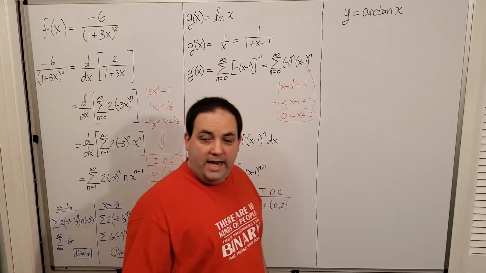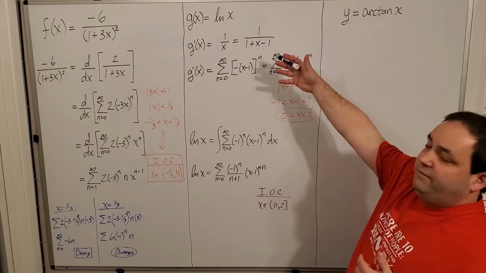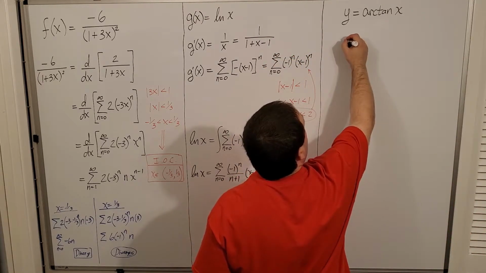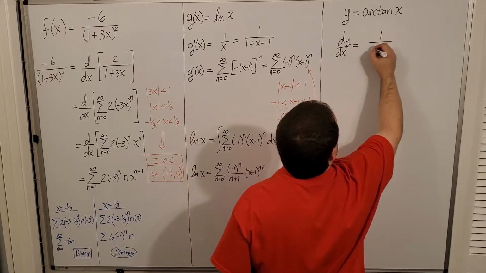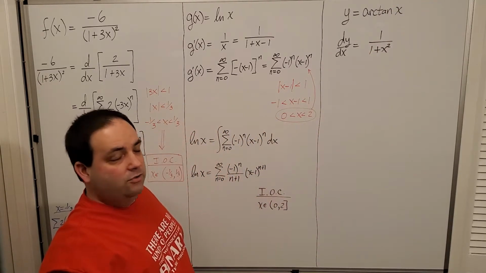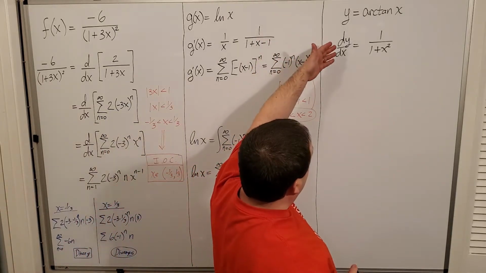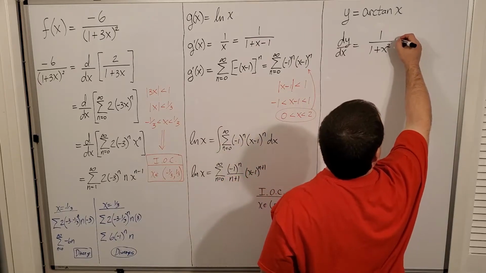Okay, arctangent of x. With arctangent of x, I'm going to treat it very much the same way as this other one. I'm going to say that dy/dx is 1 over 1 plus x squared. The derivative of the arctangent function is 1 over 1 plus x squared. And I can then turn that into a power series directly.